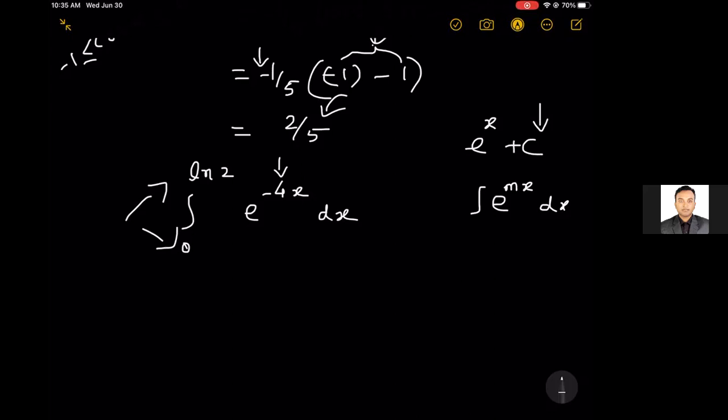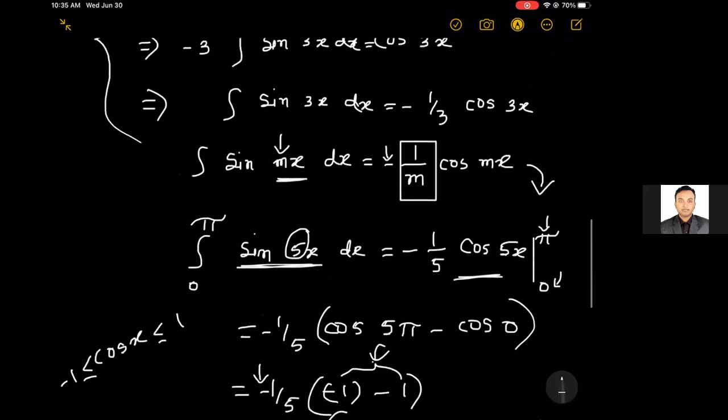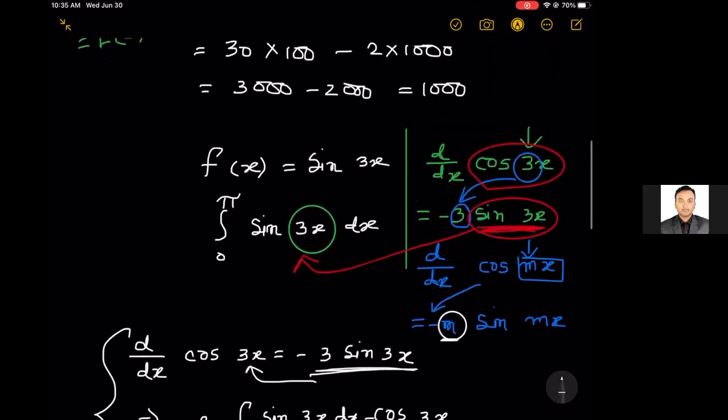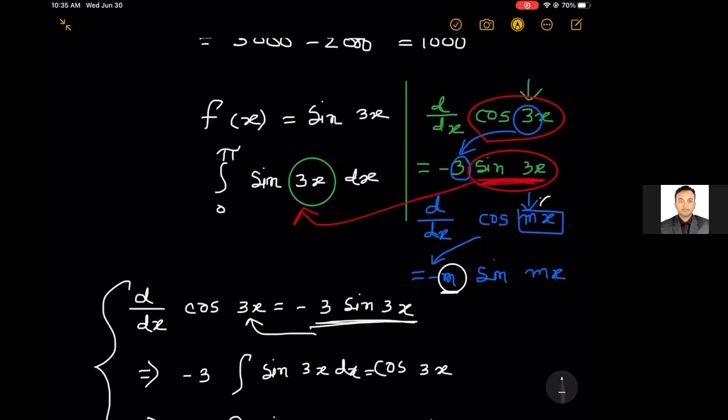So I know for e to the x, it would be e to the x. If we have anything else, the general idea is it will have it like this. This is the hint I was talking about. This is for any coefficient, because if you remember, for derivatives, any m assigned to that x, any coefficient comes in front.